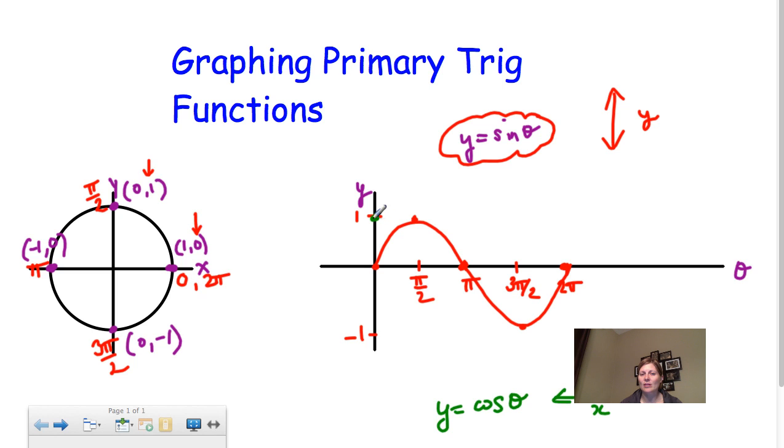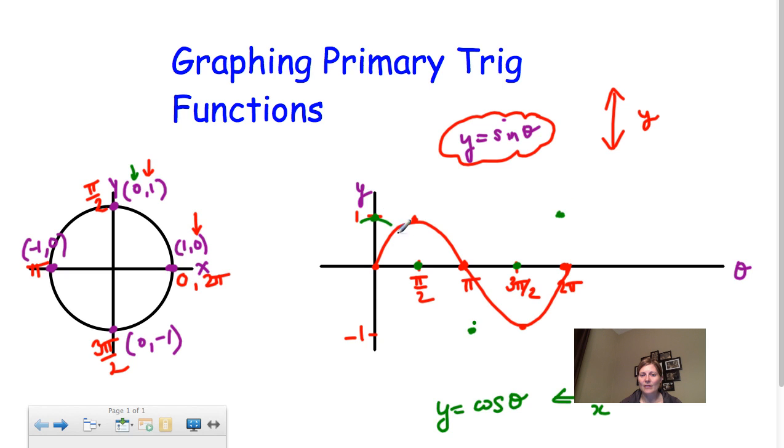So cosine starts on its maximum. At pi on 2 radians, the x guy is at 0. At pi radians, the x guy is at -1. At 3 pi on 2 radians, we're back at 0. And at 2 pi radians, we're back up here at 1.